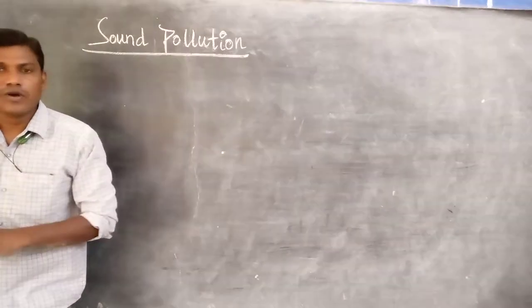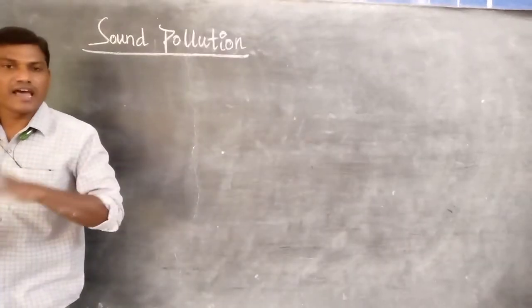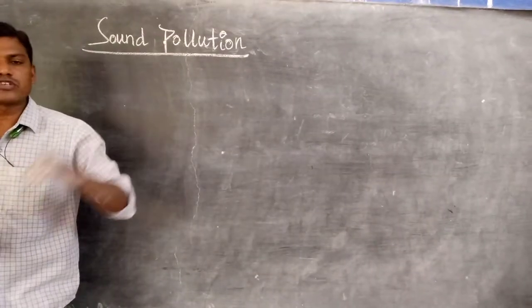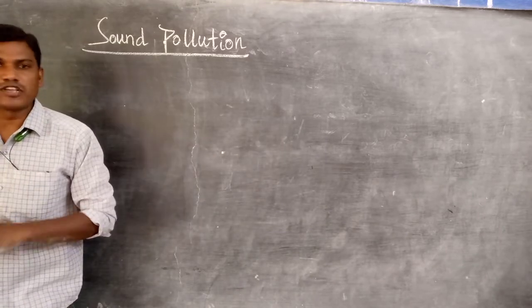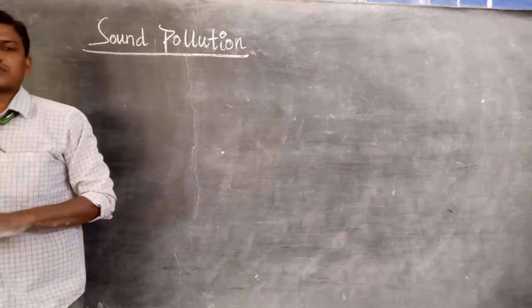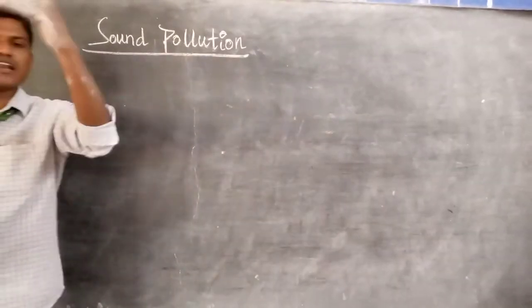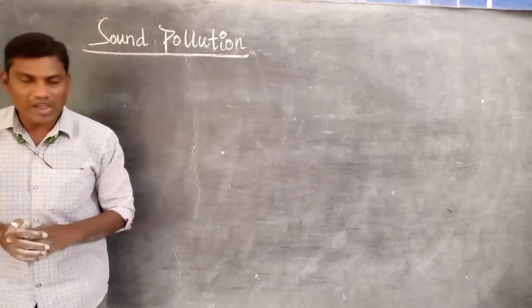In railway stations, when a train arrives or departs, a huge sound is produced because of the horn. Along with that horn, the people's normal conversation also combines, and the loudness is more than 80 decibels.